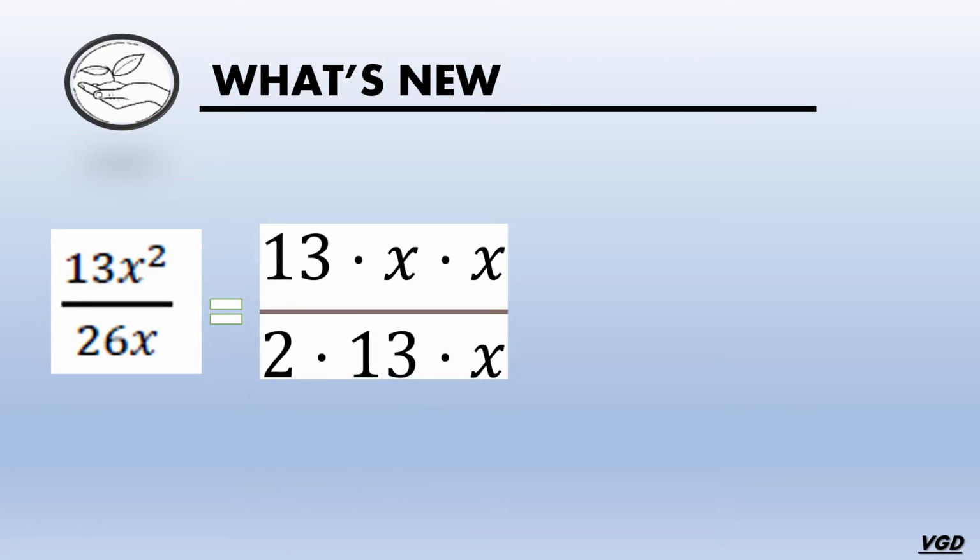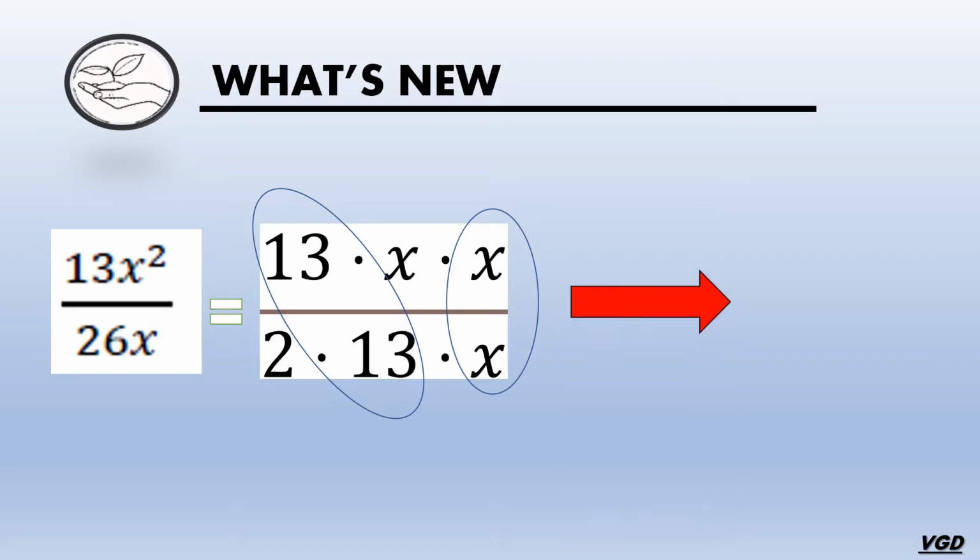So we will be able to get 13 times x for the numerator and 2 times 13 times x for the denominator. And this time we're gonna get the greatest common factor for numerator and denominator. And we will have 13 and x. And to simplify, we just have to divide both numerator and the denominator by its common factor, so we will be able to get x over 2.